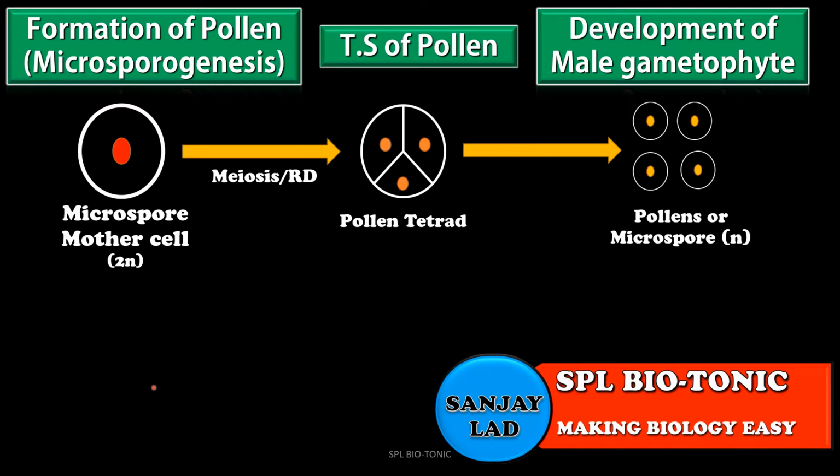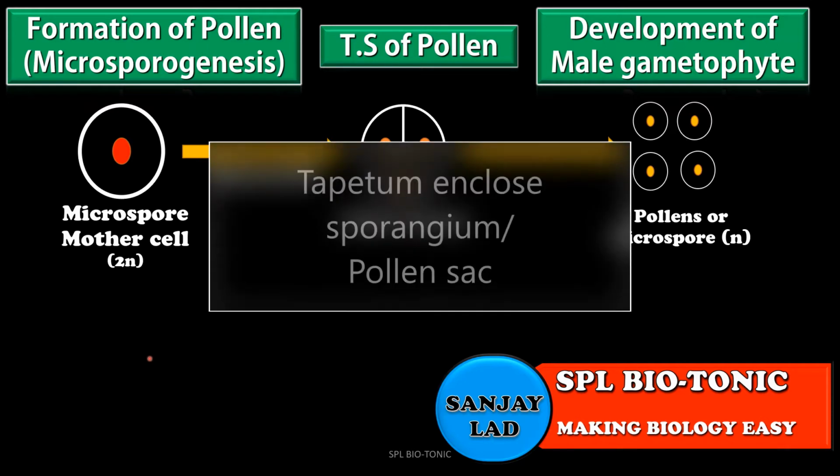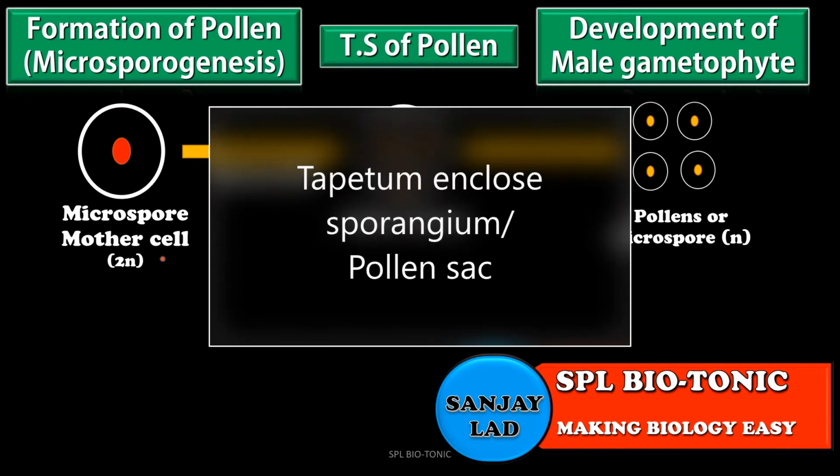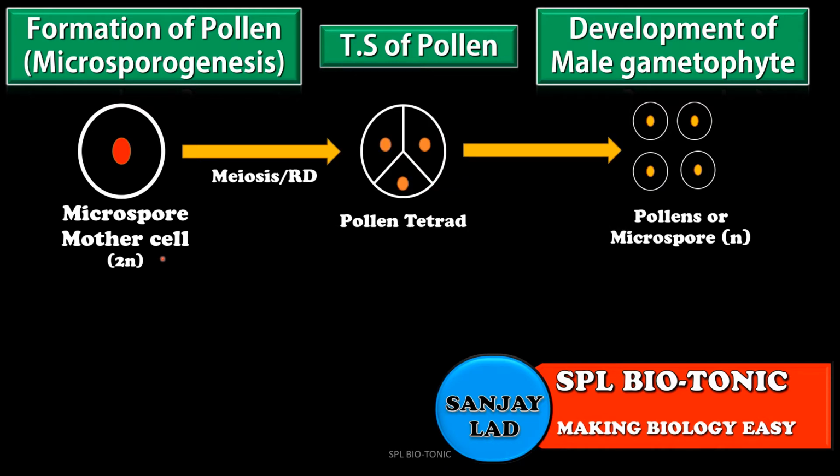Alright. Students, as discussed in the previous video, the tapetum enclosed sporangium or pollen sac. It contains microspore mother cells which are diploid in nature. Here 2N means diploid. Each microspore mother cell undergoes meiosis to form pollen tetrad, which in turn forms 4 pollens.